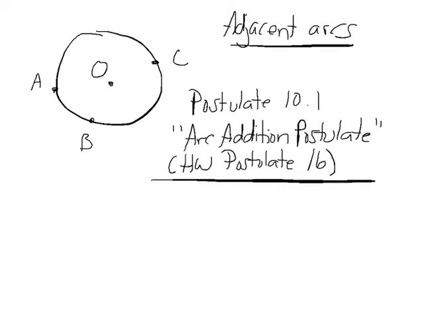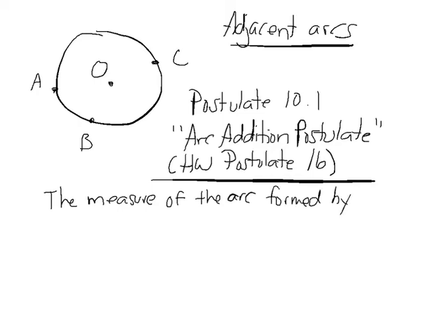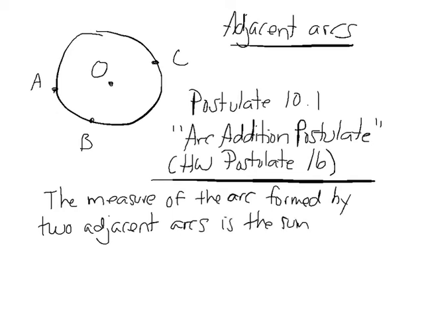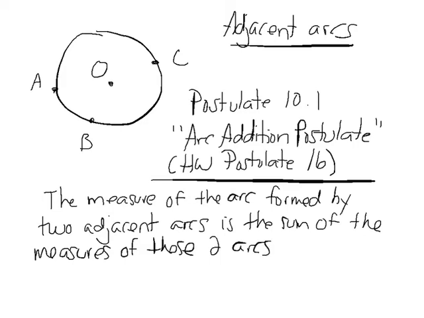And it states that the measure of the arc formed by two adjacent arcs is the sum of the measures of these two arcs.